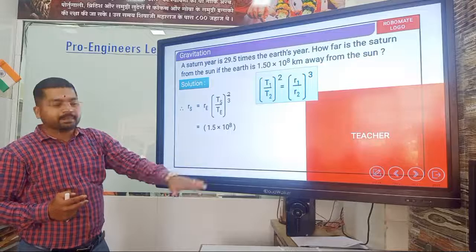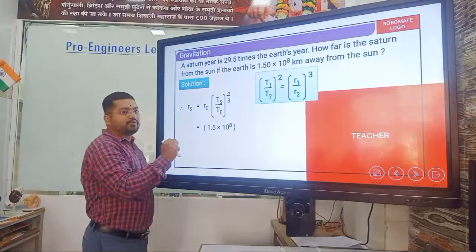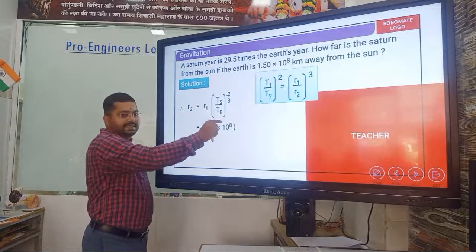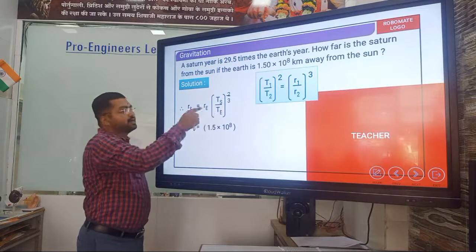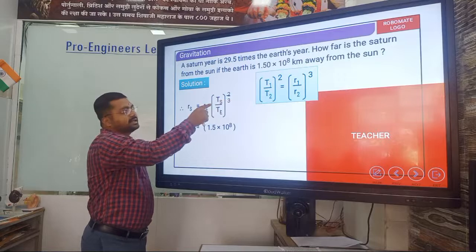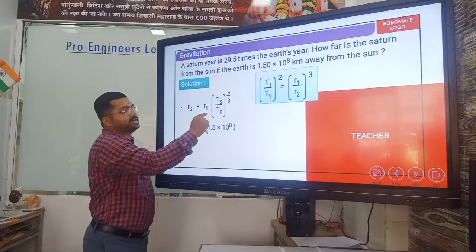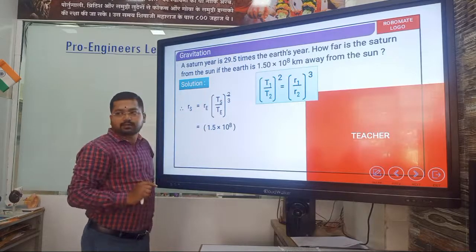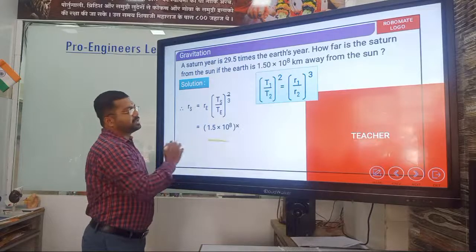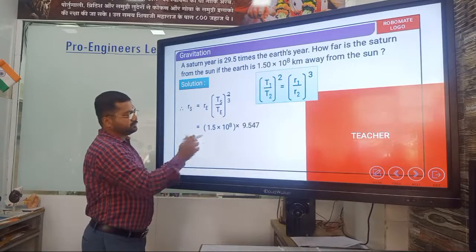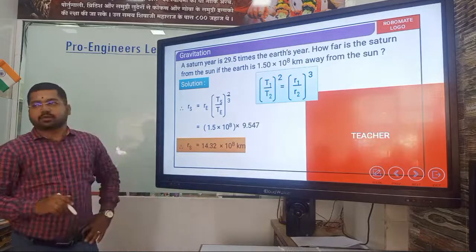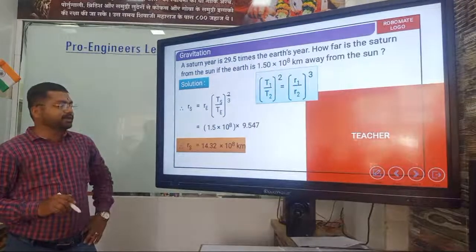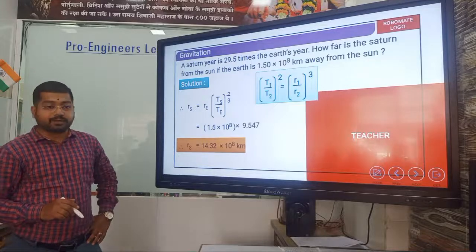Clear? Yes. So instead of T1 and T2, we have mentioned TS and TE. For this case, RS is R2, RE is R1, TS is T2, and TE is T1. Clear? Yes. Now putting the values, we got the answer 14.32 into 10⁸ kilometers.